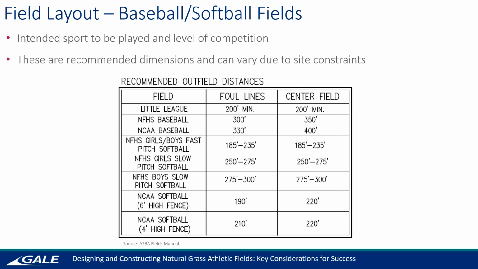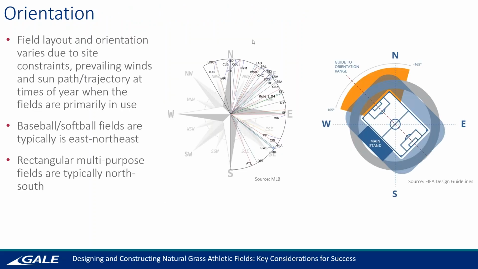The main rule of thumb with baseball is the distance from the mound to the home plate elevation, 10 inches. Can't be more, can't be less. And then after that, we're talking about best fit and recommendations that can go from there. And then with college as well, depending on the type of fencing you have, it can dictate the type of outfield distances you need.